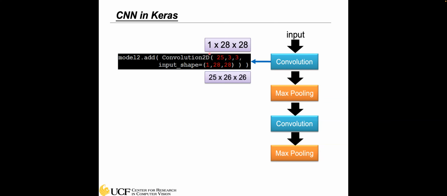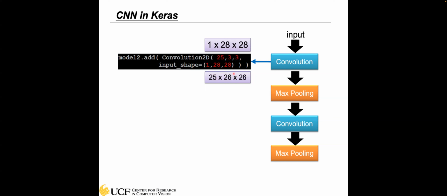Let's say we have an input. For this example, the input resolution is 28 by 28, and we use 25 3 by 3 kernels in the first convolutional layer. So the resulting feature map will have 25 channels, because we're using 25 filters, and one filter generates one feature map, that is one channel.